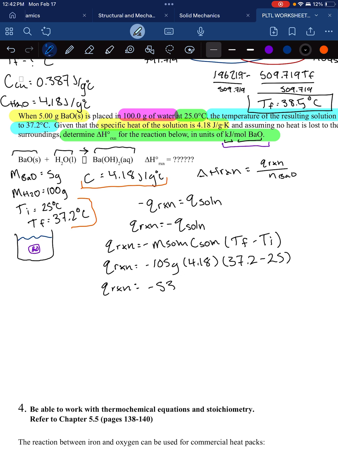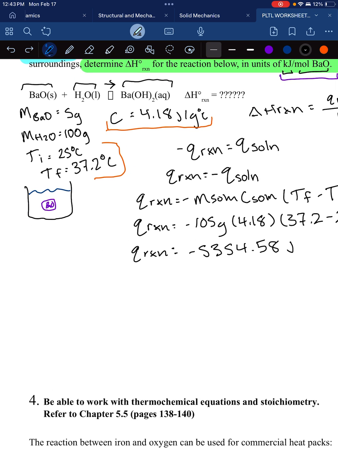We get negative 5354.58, and the units of this will be in joules, because our specific heat is in units of joules, so our heat flow is going to be in units of joules.